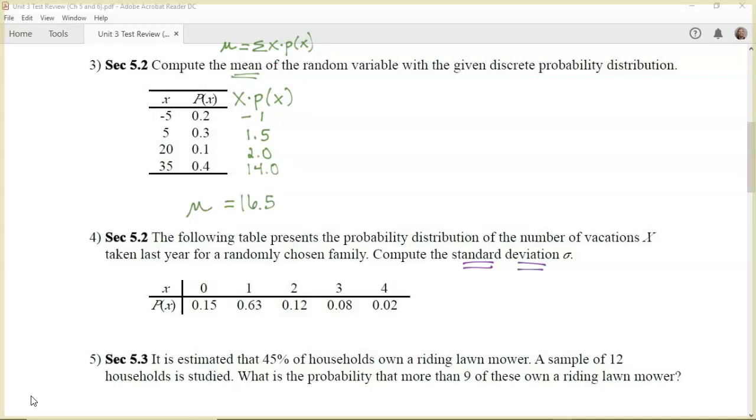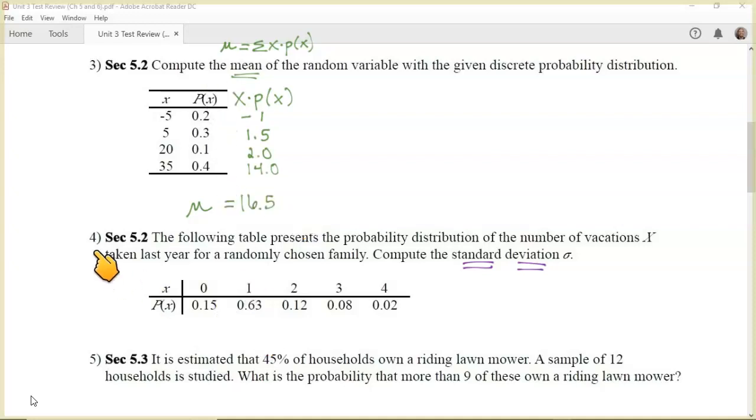So in this case, the average is 16.5. There's no context, so I can't really give a meaning to that value. Whatever this distribution represents, for many trials of this distribution, on average, this is the value we expect to get based on the probability distribution.